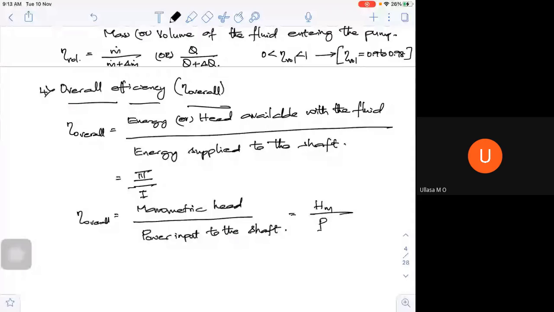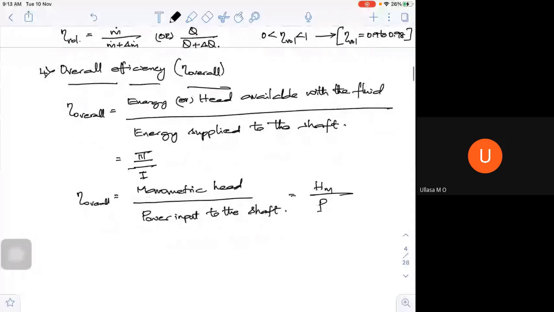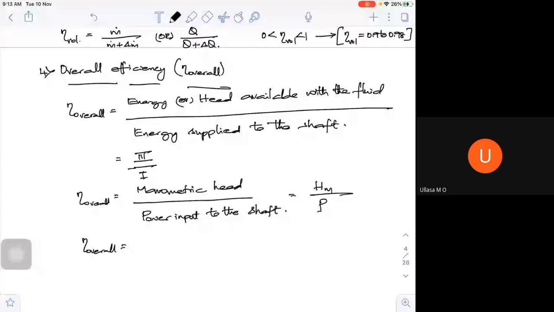Your overall efficiency is also the product of your mechanical efficiency, your volumetric efficiency, and your hydraulic efficiency.